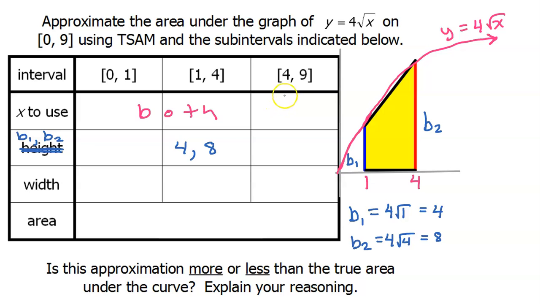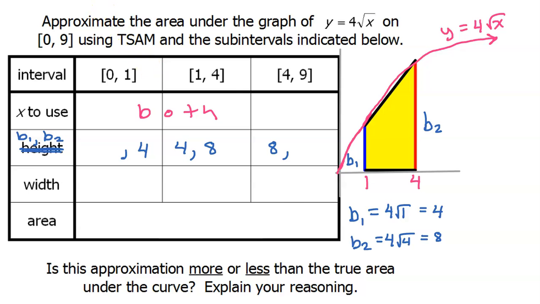Okay? So just applying that to the other intervals real quick. We literally already calculated the height at 4. So we already know that that is 8. So it's going to be 8 comma something. We calculated that the height of the function at 1 is 4. So in the first interval, it's going to be something, comma 4.